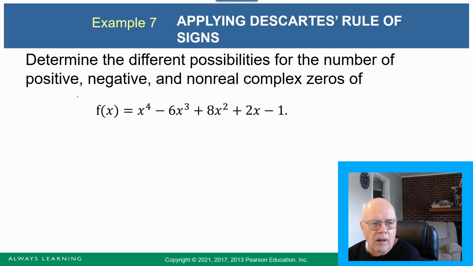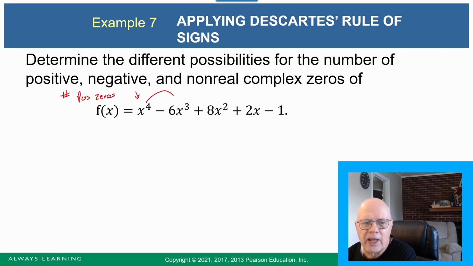So what's the number of positive zeros that we can expect? Like a 2, 3, 7, 8, positive zeros. Here's the way you do it. Start at the beginning, where else would you start, and see how many times as you go down the line of the polynomial, how many times the sign changes.